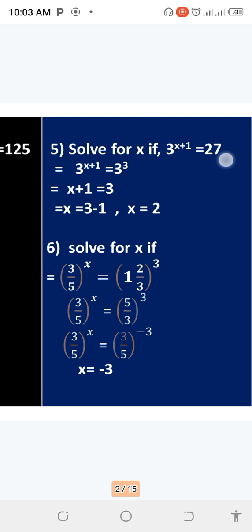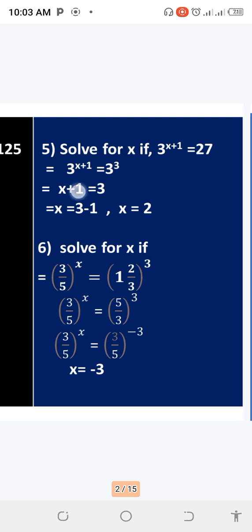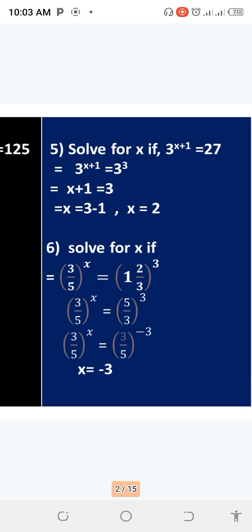So we change them to the same base. Now it becomes 3 exponent x plus 1 is equal to 3 exponent 3. The base cancels the base, and we're now left with x plus 1 is equal to 3.